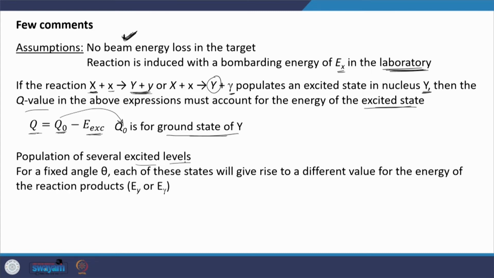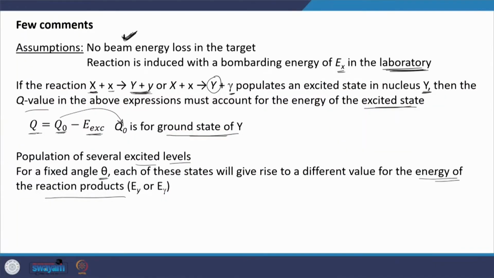Now, it is very much possible that the population can be at different excited levels. Okay. So, for a fixed angle of emission of the ejectile, each of these states populated by the incident particle will give rise to a different value of the energy of the reaction products. Remember, this is for a fixed value of theta, that is, the ejectile is emitting at a fixed angle theta with respect to the incident beam direction.